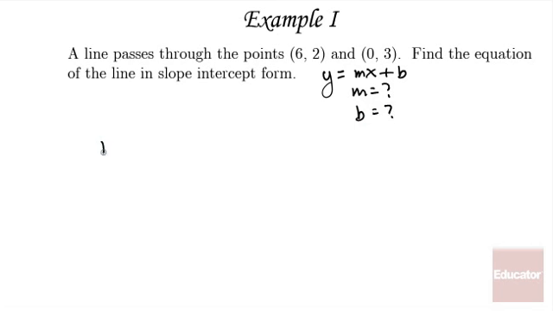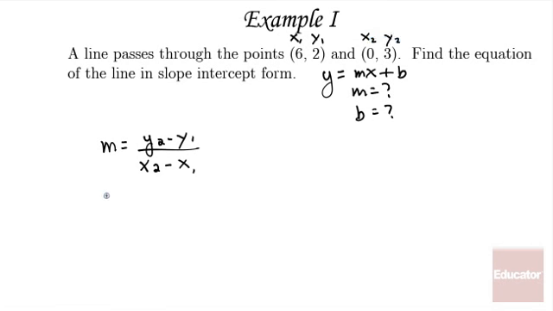First, looking at m, the slope, using the slope formula, y2 minus y1 divided by x2 minus x1. Applying it here, I have two ordered pairs. I can call them (x1, y1) and (x2, y2).